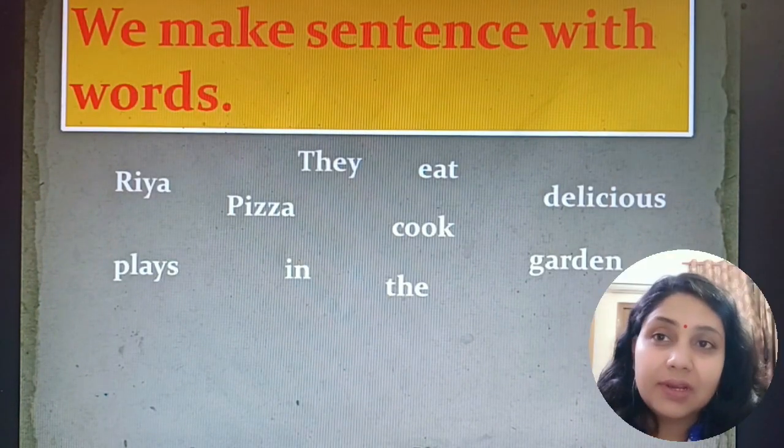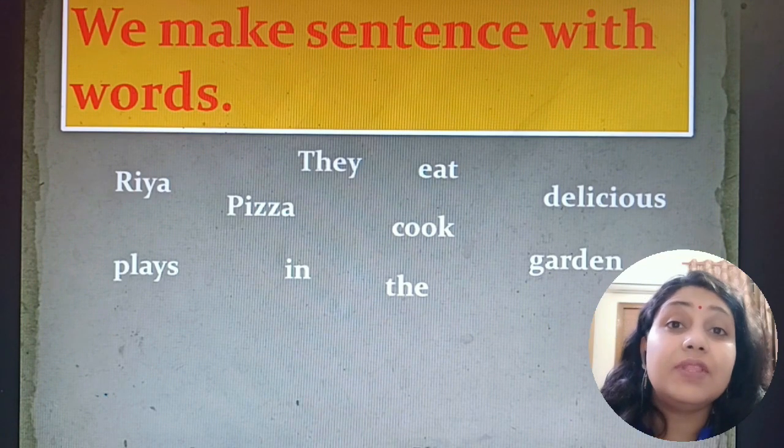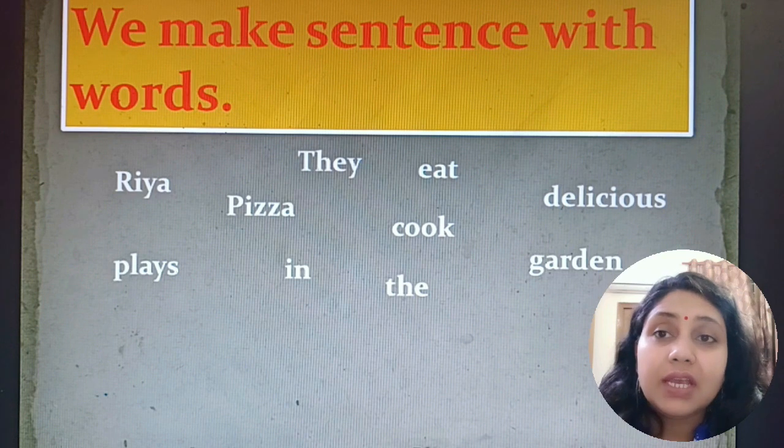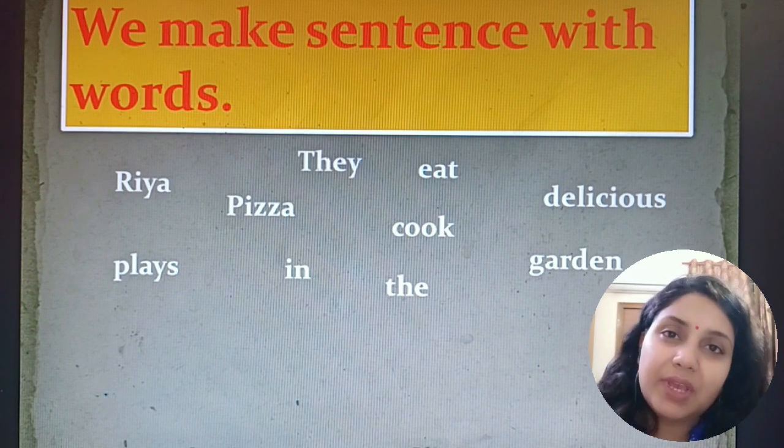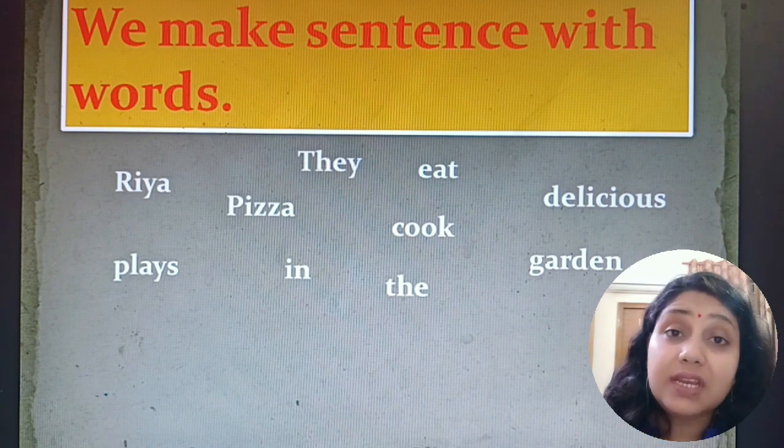As I told you earlier, we make sentences with the help of words. So here we have some words. These are noun, pronoun, preposition, adjective, etc. Now we are going to choose some word according to our sentence. Like I am going to make sentence with the help of these category.